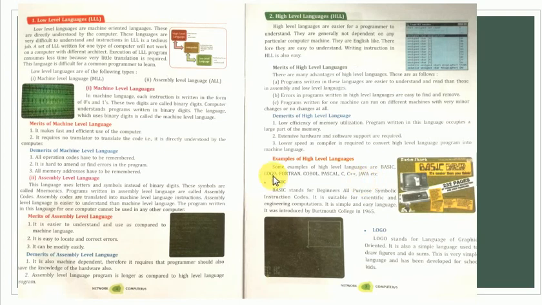So the first one is BASIC. BASIC stands for Beginners All-purpose Symbolic Instruction Code. It was introduced in 1965, and it is used for scientific and engineering work.